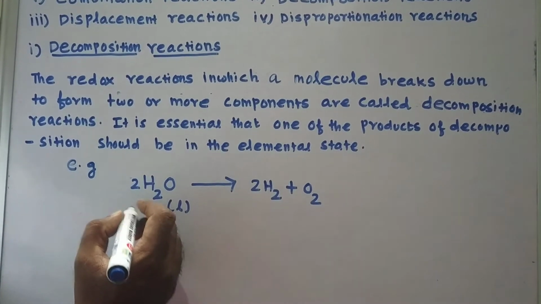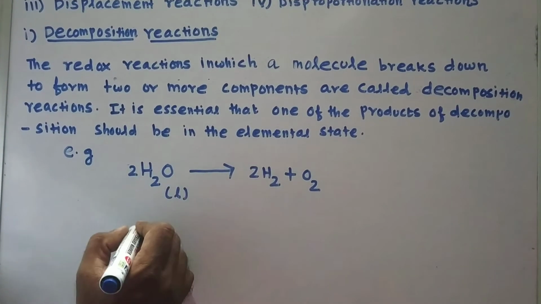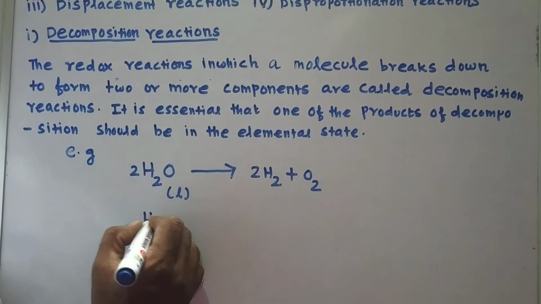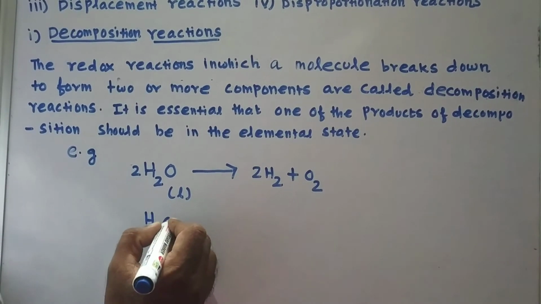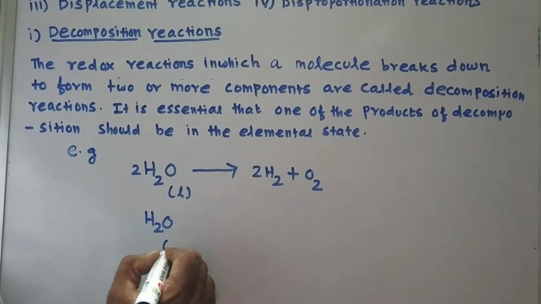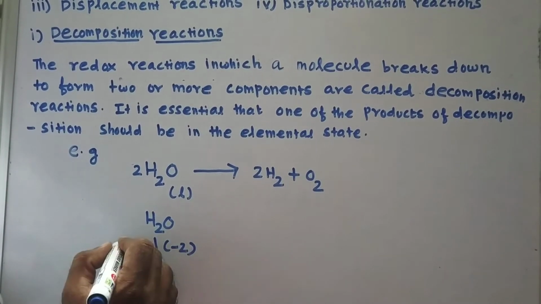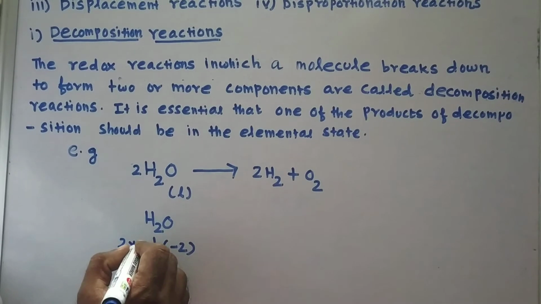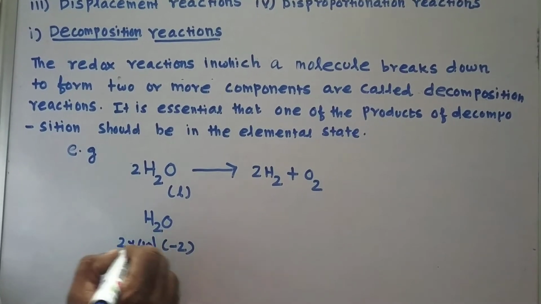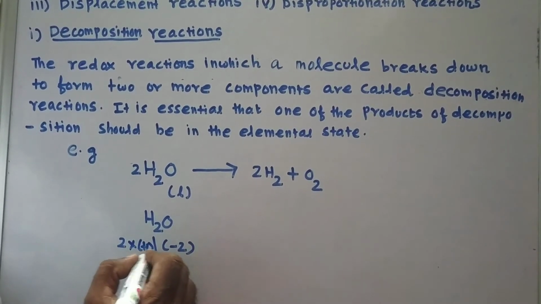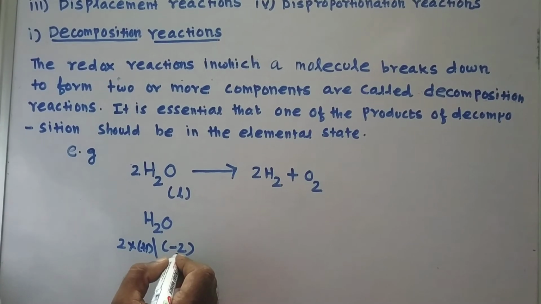Now it's well known that in the water molecule, oxygen is present in the -2 state and the two hydrogen atoms are present in the +1 state. 2 into +1 equals 2 plus, and it is balanced by the -2.